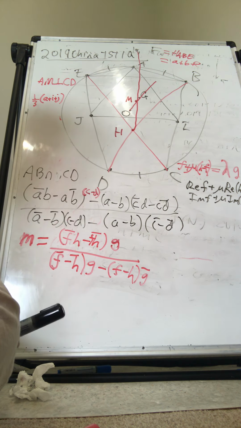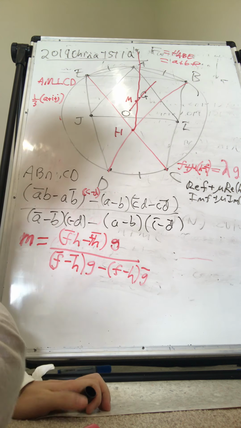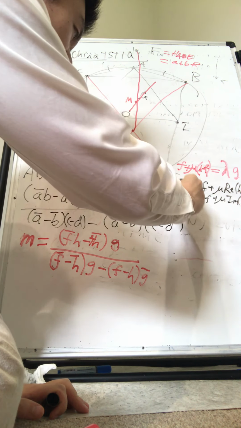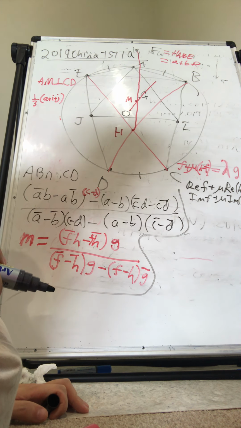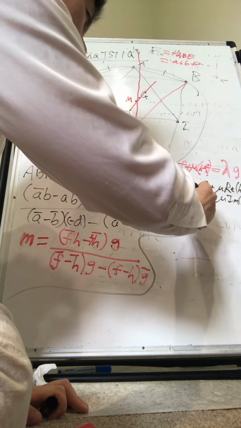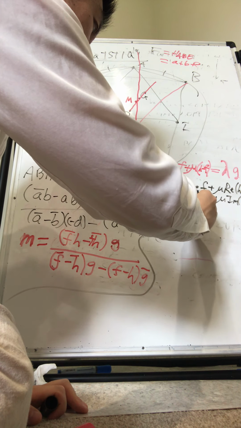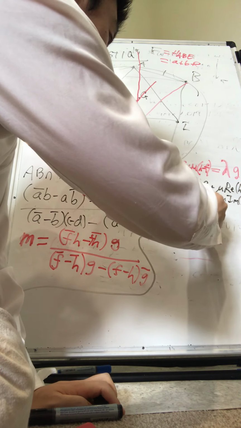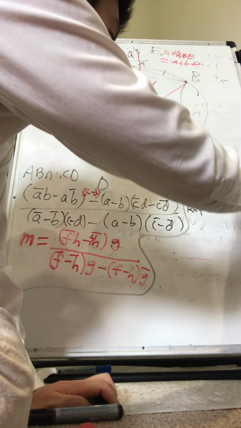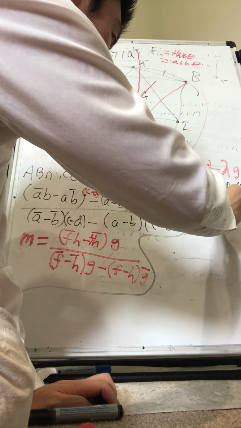Do you want me to go through this? Yeah. Okay, I just need to allocate my space here. So this is real f, imaginary h minus f, yeah?